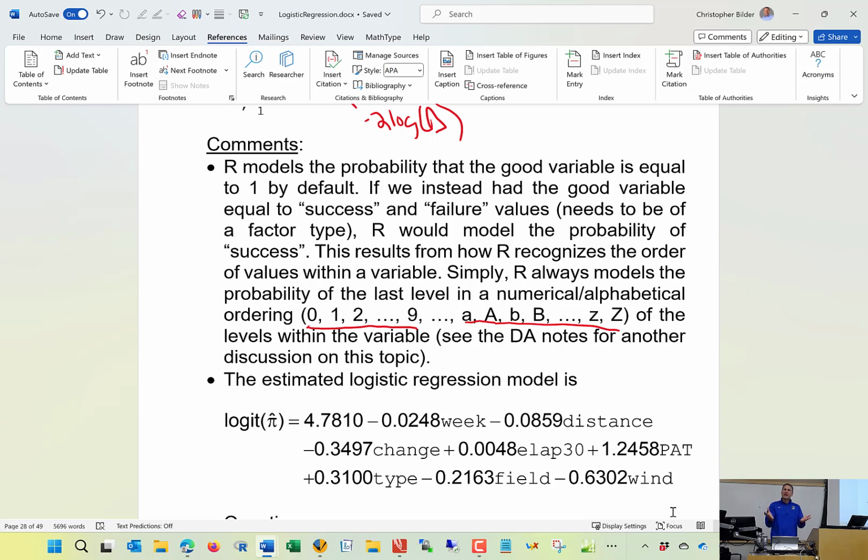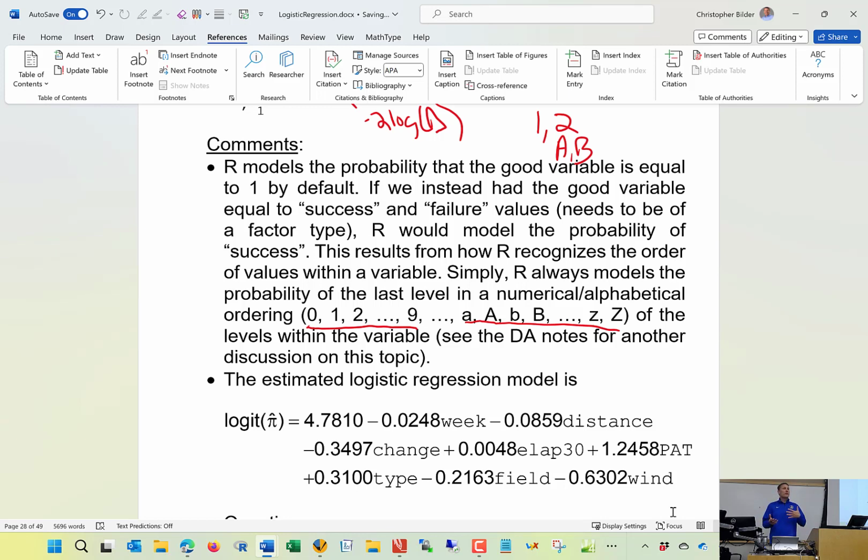But let's say if we had instead a situation like this, where good was a 1 for failure and a 2 for success. What would R be actually estimating a model for? The probability y is equal to 2, because it's the second level. If instead I had, let's say, levels of A and B for my dependent variable, what would R be trying to estimate a logistic regression model for?